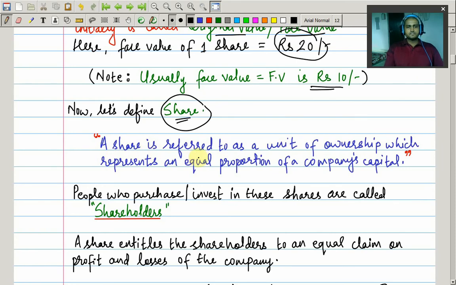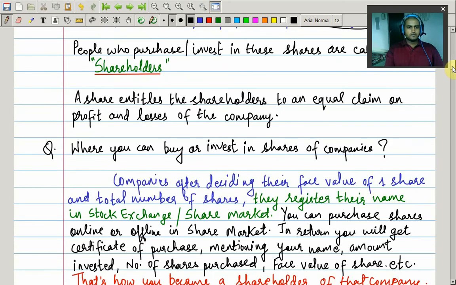Now let's define share in a proper manner. A share is referred to as a unit of ownership which represents an equal proportion of a company's capital. I think this definition explains very well what I have said earlier. So people who purchase or invest in these shares are called shareholders.